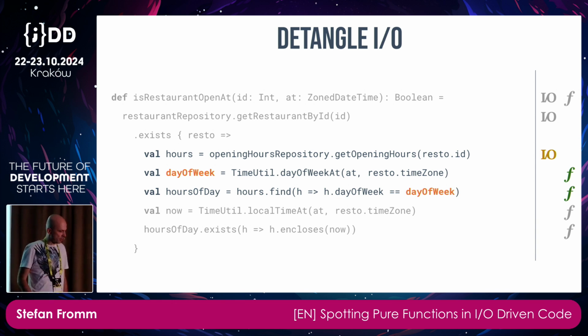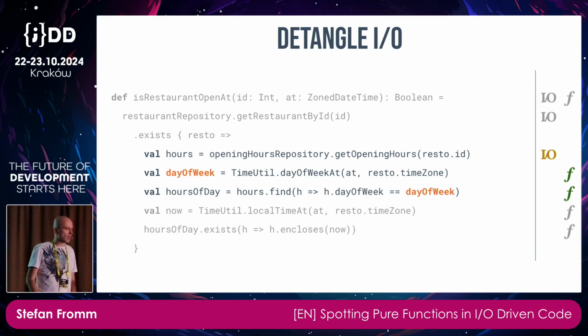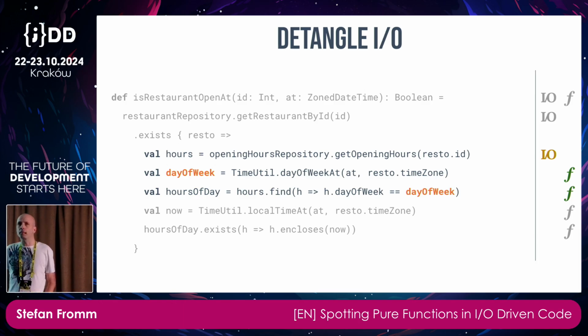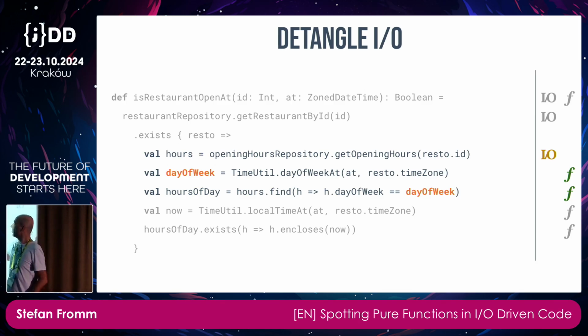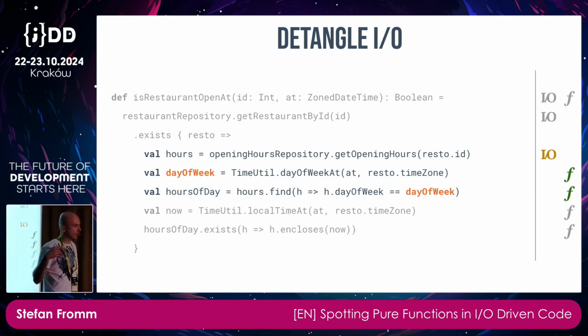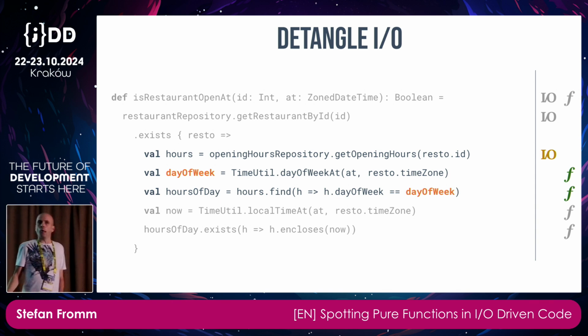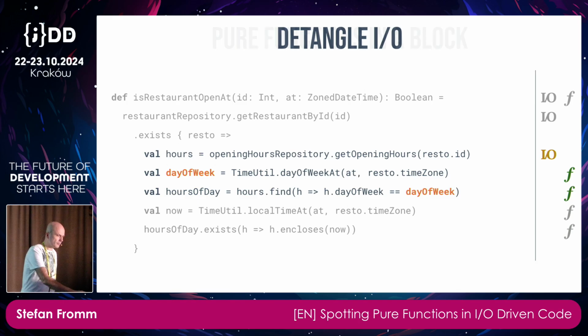And this is what functional programming gives us. It's also called referential transparency: I can exchange values by expressions and vice versa without changing anything in the outcome of my program. Of course, I changed something in the performance, because in my version I calculate day of week only once and reuse it. Okay, let's go on.